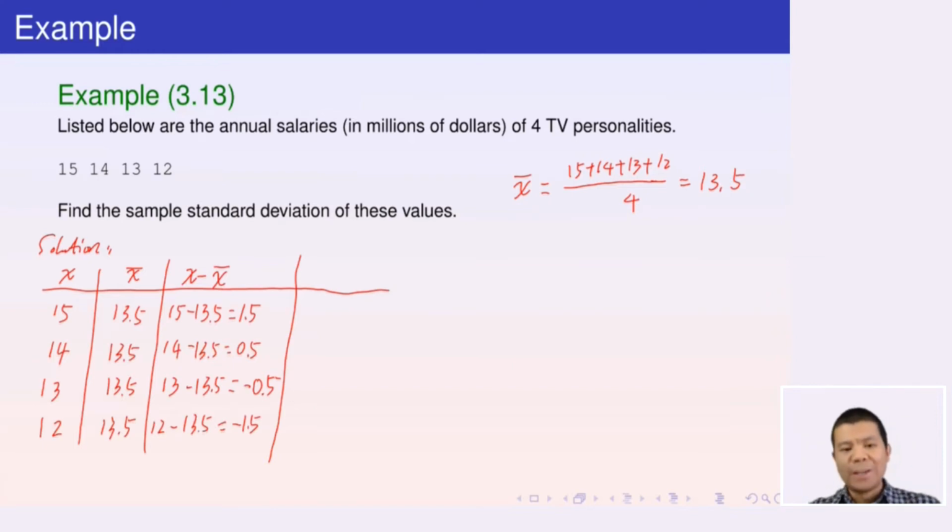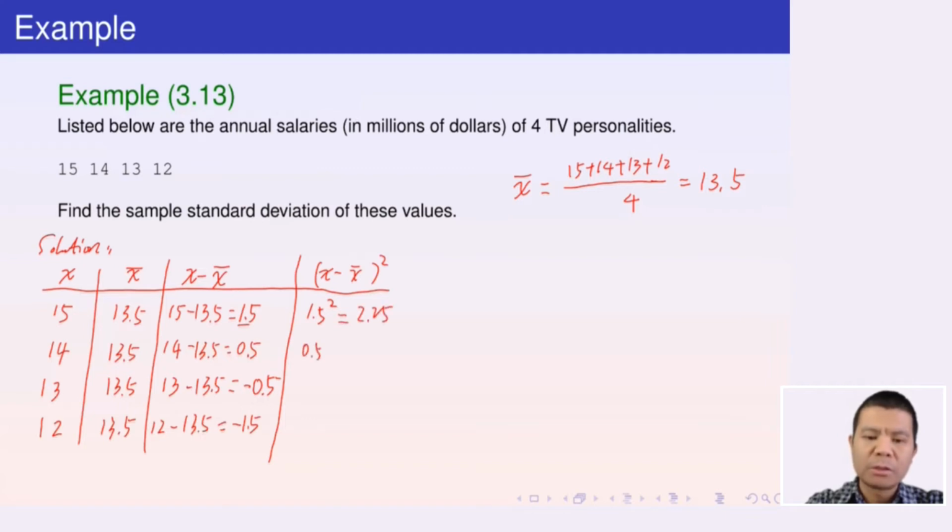Now, finally, another column. That is the square of the deviation, (x minus x bar) squared. So this one is 1.5 squared, which equals 2.25. Here is 0.5 squared, which equals 0.25, and here is negative 0.5. Be careful with the parentheses.